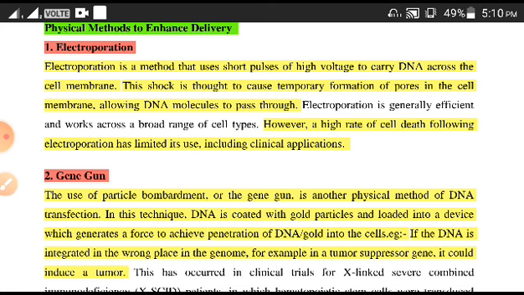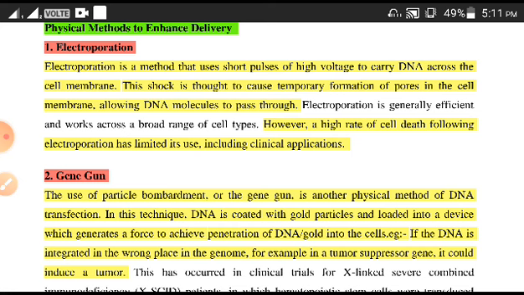This shock is thought to cause temporary formation of pores in the cell membrane, allowing the DNA molecule to pass through. So here they use high voltage pulses so that the DNA crosses the membrane and reaches inside the cell where you actually want the DNA to be placed.